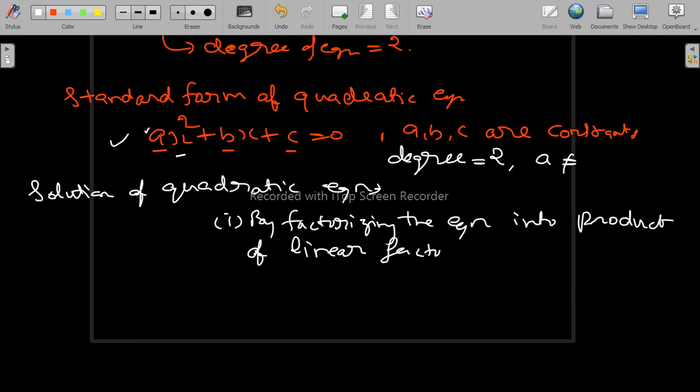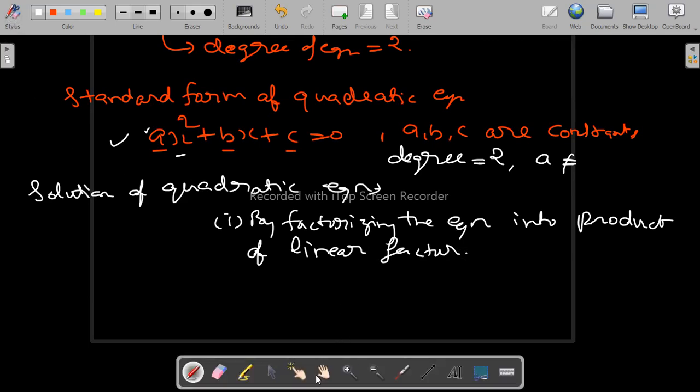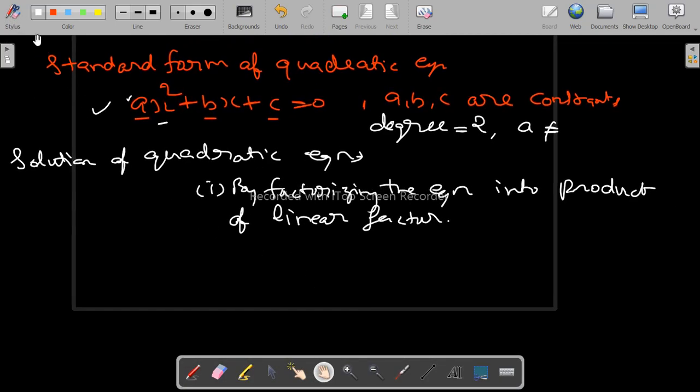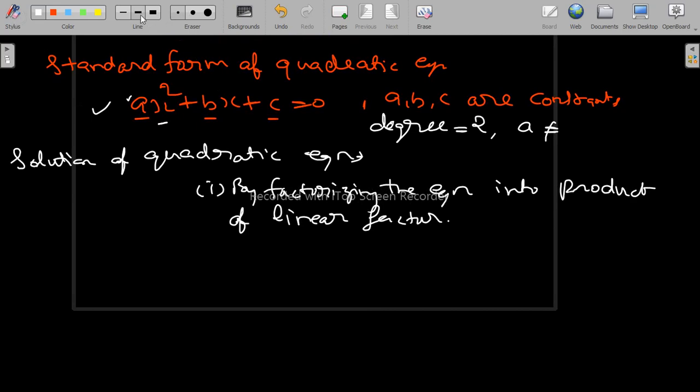But this method has some restrictions and limitations, because using this method all types of quadratic equations cannot be solved. We will factorize the given quadratic equation into linear factors, then equate each to 0, then find the solution. Let's take an example.